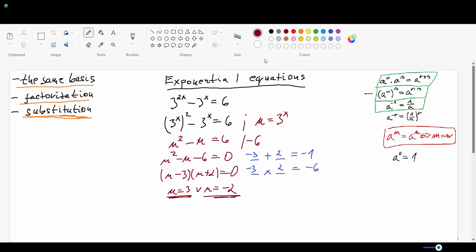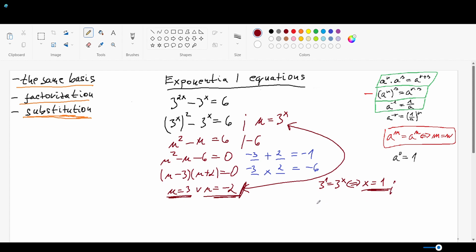Now, this is not our solution because the task says solve this equation, which means you are looking for values of x so that this equation is true, and based on the result you got from solving the quadratic equation and this substitution, you now know that if u is equal to 3, then this equation will become 3 equals 3 to the power of x, which basically means that this is if and only if x is equal to 1, because 3 to the first power is equal to 3, and with using this fact that the exponentials are equal if and only if the bases are equal, then the exponents or indices must be equal as well. So this is our first solution.